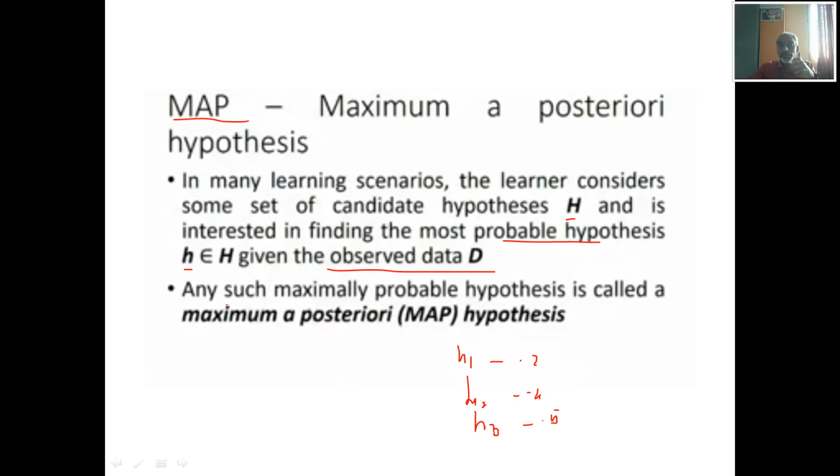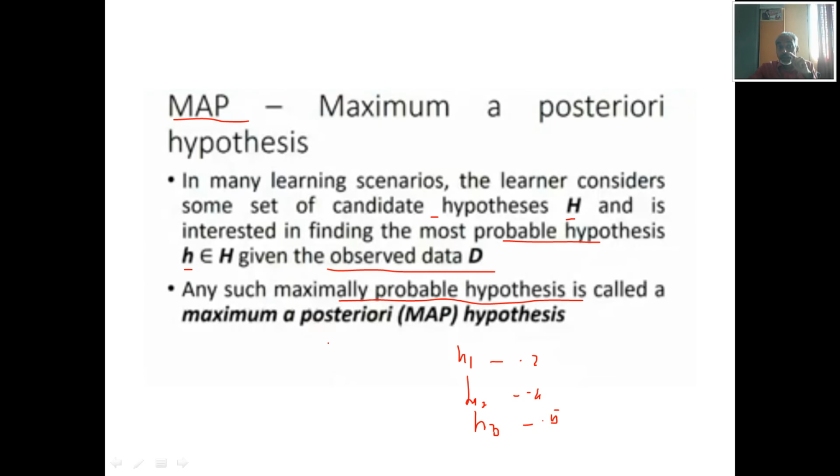The learner, out of the set of all hypotheses, considers some set of candidate hypotheses, and is interested in finding the most probable hypothesis. Now out of this, which one is maximum? Out of H1, H2, H3, H3 is maximum, 50%, right?